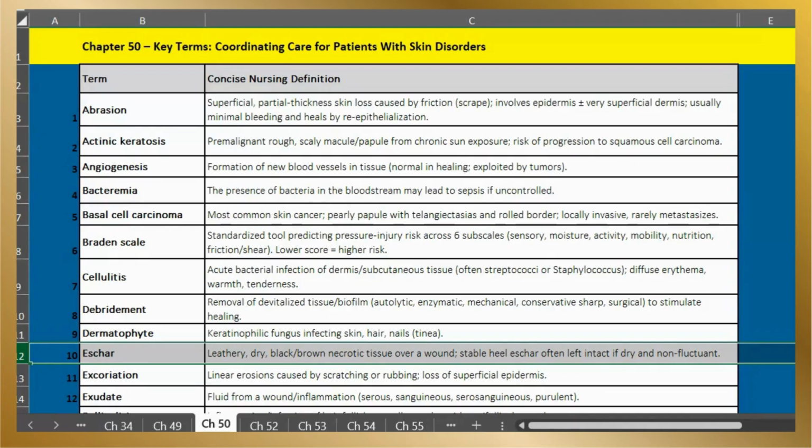So the eschar is that hard scab cap, and sometimes you just leave it alone. In some cases you don't remove it. In some cases you need a little bit of surgery, depending on where it's located. I won't go into detail on that here, but I will in the outline. Now I'm just moving on.